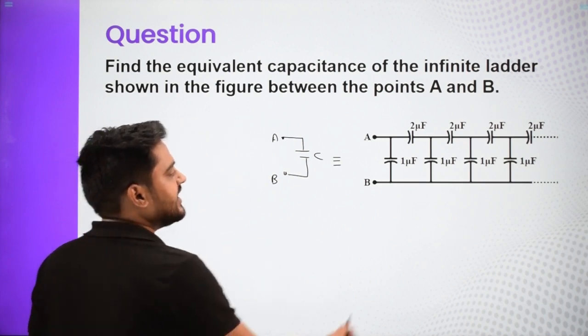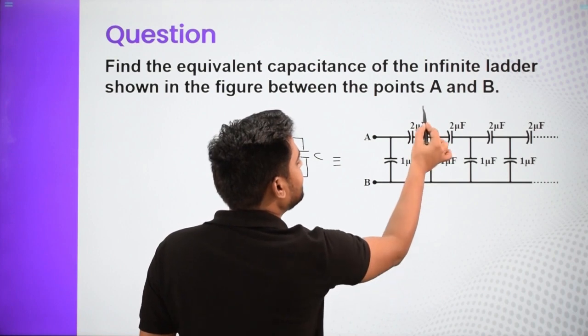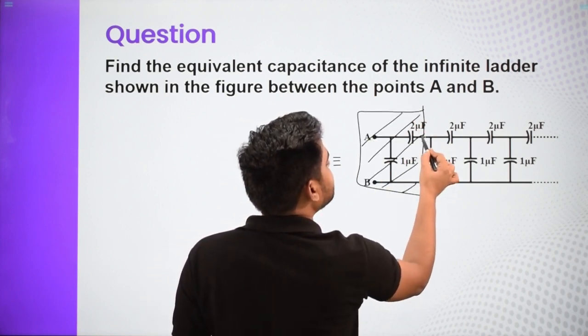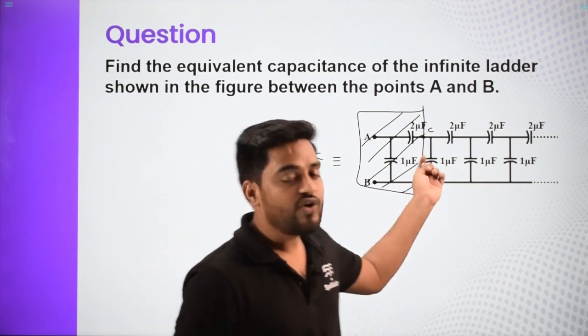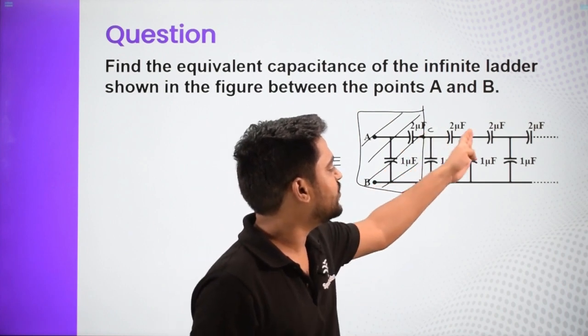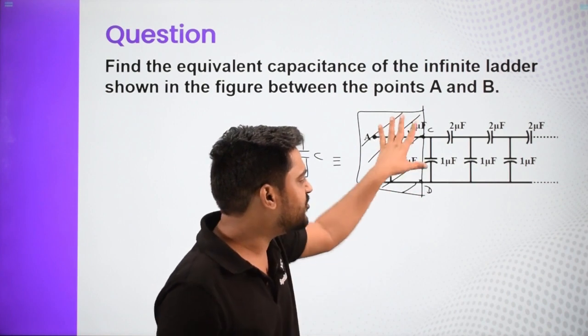Now can I say if this entire thing is that, then I can just hide this entire thing, rename these 2 points as C and D, then between C and D the equivalent capacitance should also be just C, because there is 1 then 2 then 1 then 2, it's the same thing all the way up to infinity. It's just that we have removed this part.